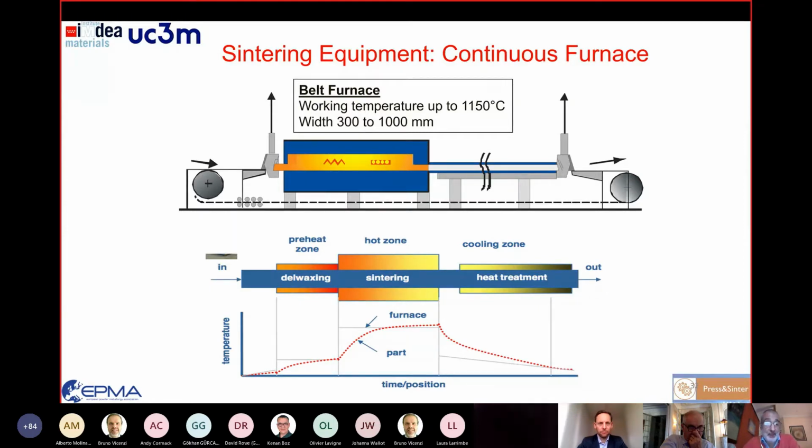The first one is the waxing area, in which we have to eliminate the lubricants that we have used to increase the compressibility in the powder pressing. Then we have the area of the sintering, in which we reach the highest temperature to achieve the final density in the material and, as a consequence, the final properties.